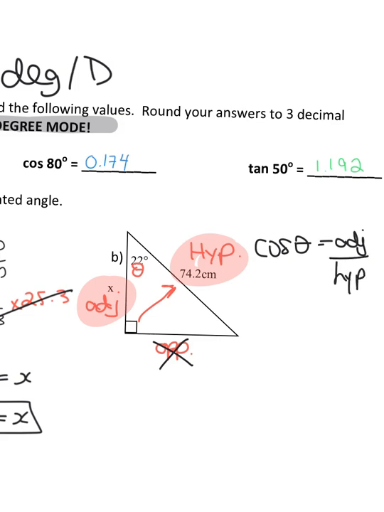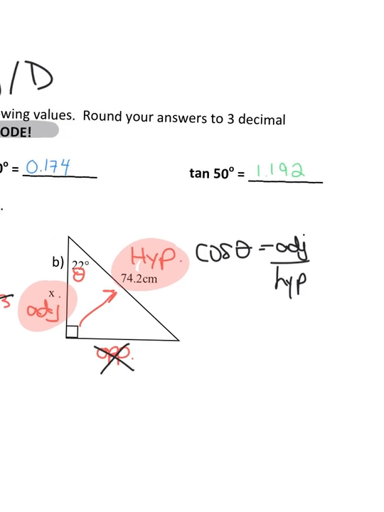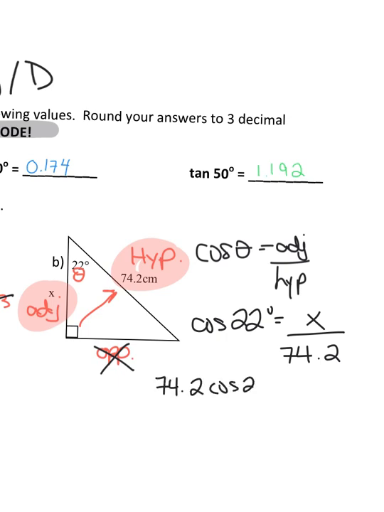So now I'm going to start subbing in my values for what I have here. So I have my angle theta, which is 22 degrees. My adjacent is x, and my hypotenuse is 74.2. I'm going to multiply both sides by the 74.2, and this is what we're going to get, and we're going to plug that into the calculator.